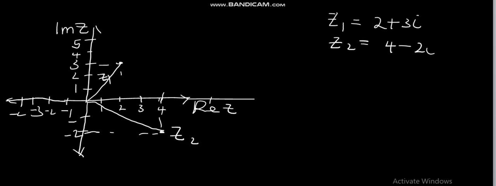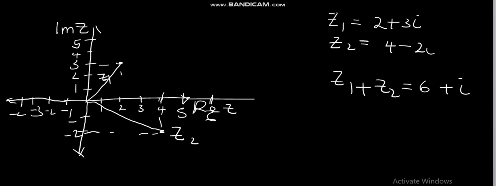Remember, they want us to get z1 plus z2. So when we are adding complex numbers, we add real to real, which is a 6, and imaginary to imaginary. So we have 3i minus 2i, which is i. Is that okay? This is 5, this is 6.